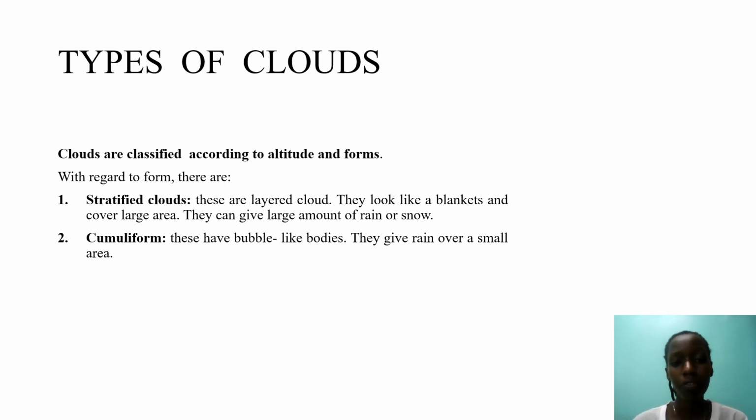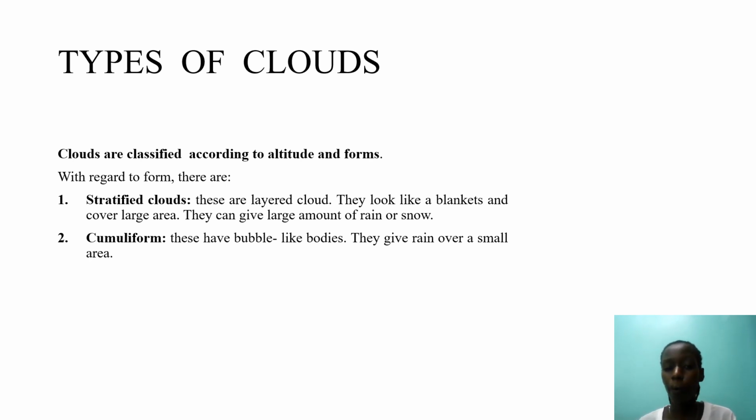These have bubble-like bodies. They give rain over a small area. So these are the two different types: stratiform clouds and cumuliform clouds. Cumuliform clouds are the opposite of stratiform clouds.